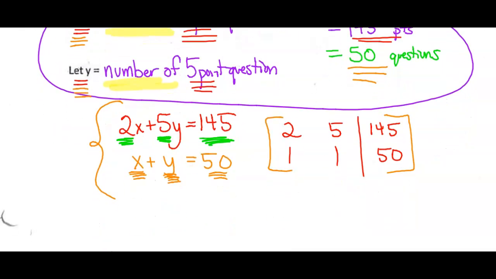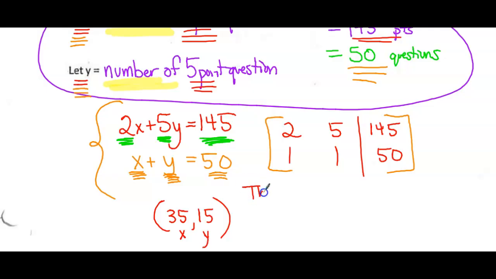When you hit solve, your solution is 35, 15. Now it looks different on your calculator, it's vertical, but 35 represents X, 15 equals Y. And the last thing you have to do is write a sentence to answer the question. So we know X represented the number of 2-point questions.